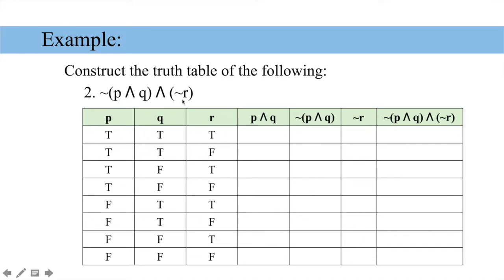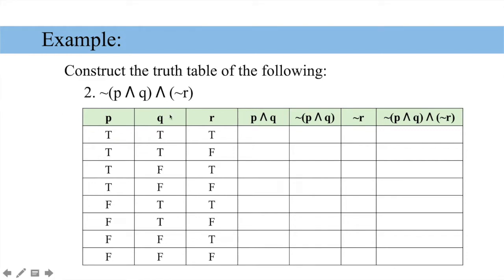As I said a while ago, you make your table like this. In P, four T, then four F. In Q, two T, two F, two T, two F. Then in R, one T, one F, alternating: TF, TF, TF. That is how you build your table whenever there are three statements.